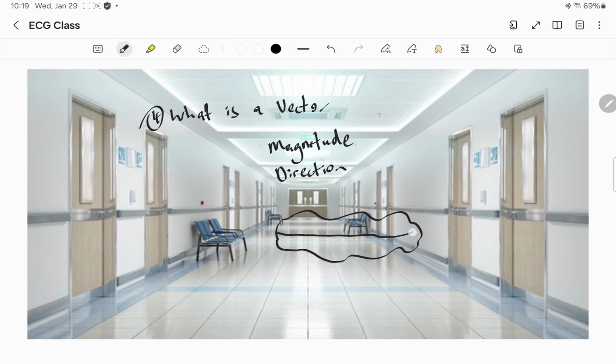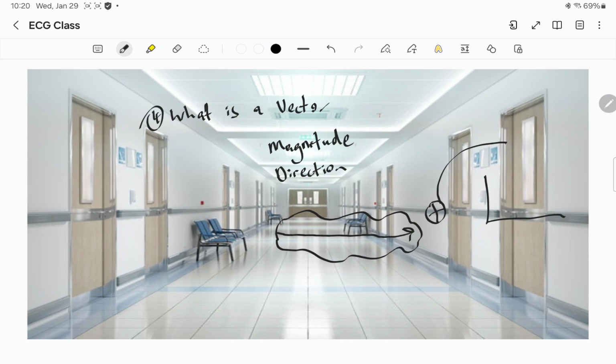And I have a sensor, just one electrode, to pick up that vector right here and put it on the graph.